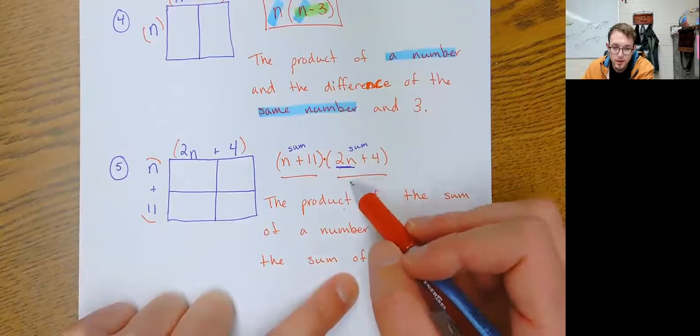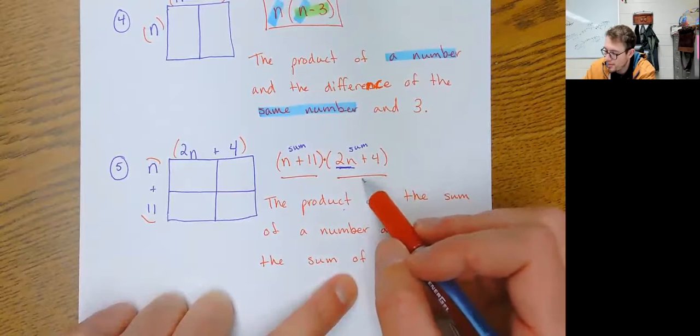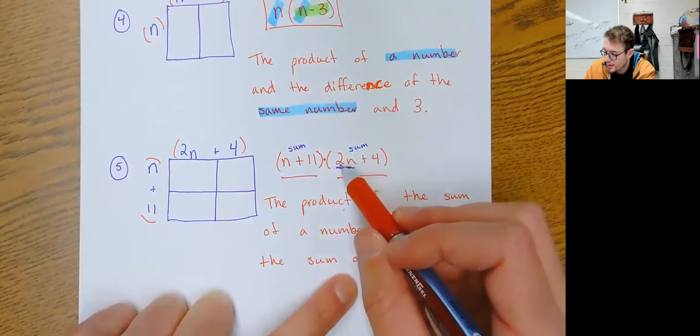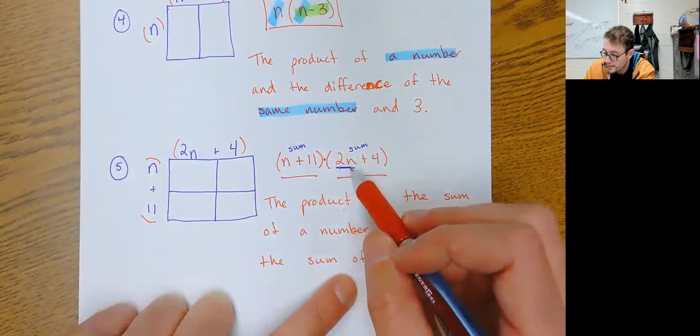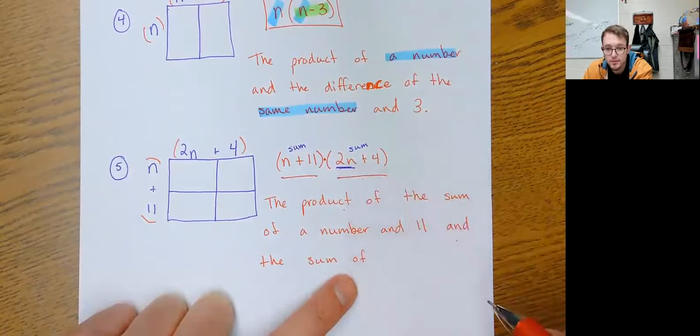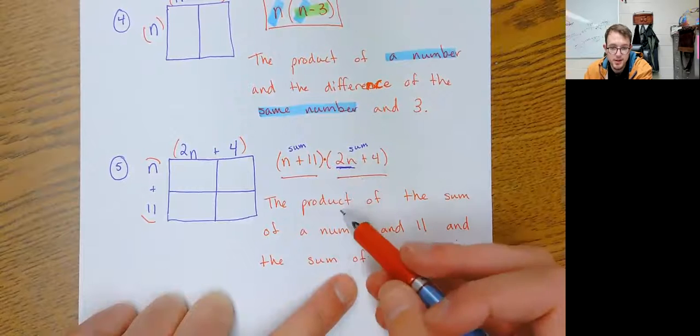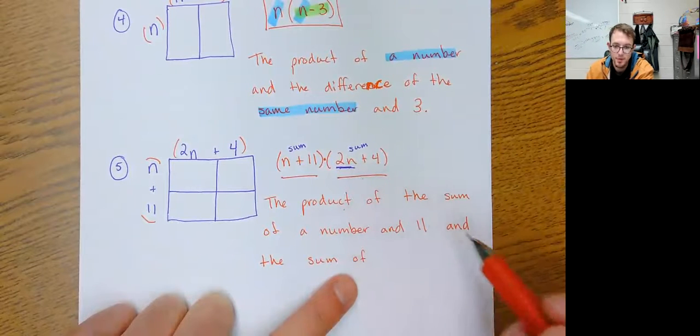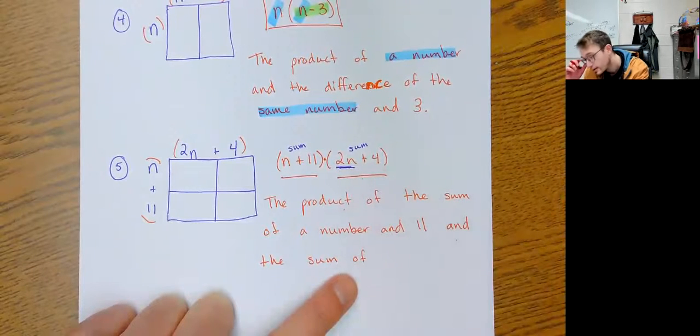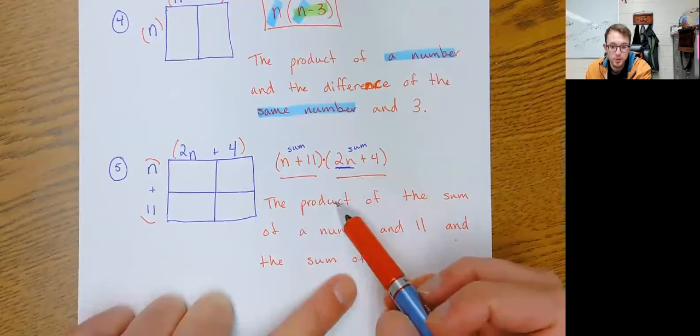sum of what? Well, this is a sum of the product of 2 and a number and 4. That's a little wordy. And plus, I already have the word product. Do I want to put product in there twice? Let's switch it up. Maybe I don't want to use the word product twice.